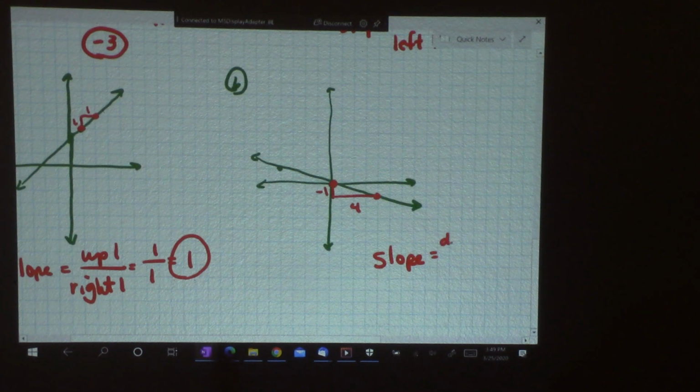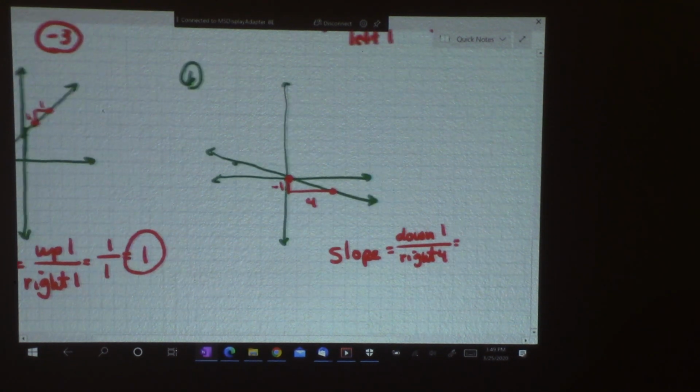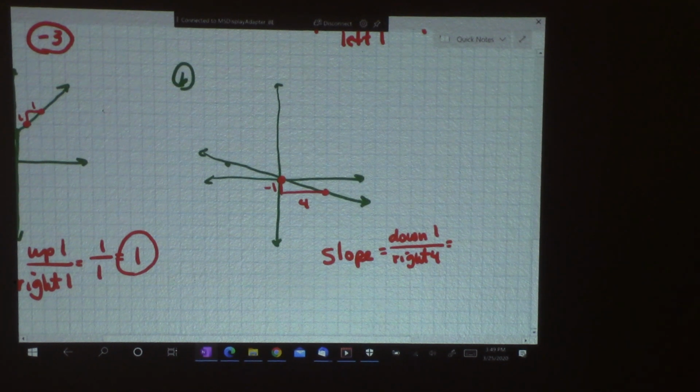So I went down 1 and then I went right 4. So if I go down 1, that's negative 1. If I go right 4, that's positive 4. And that just becomes negative 1/4.